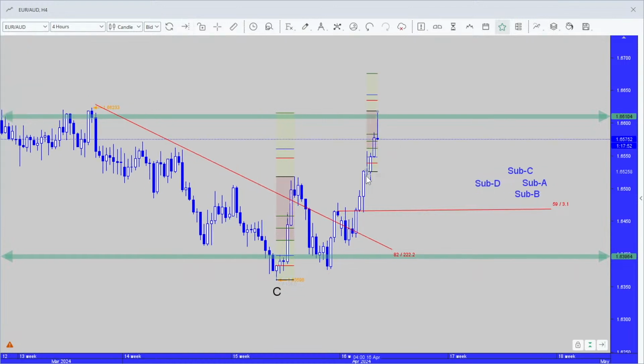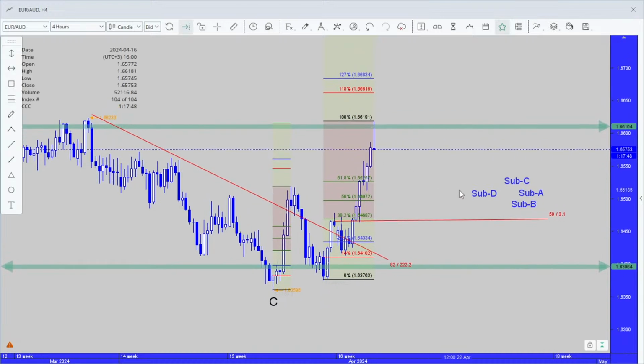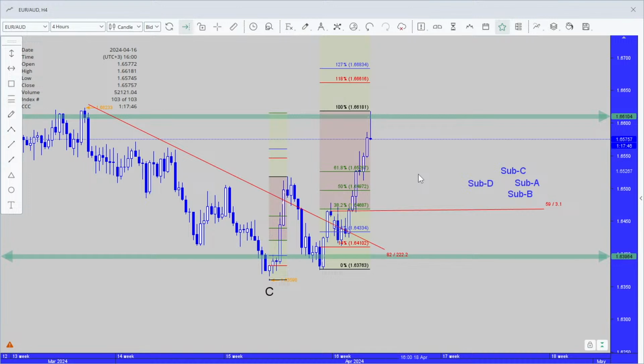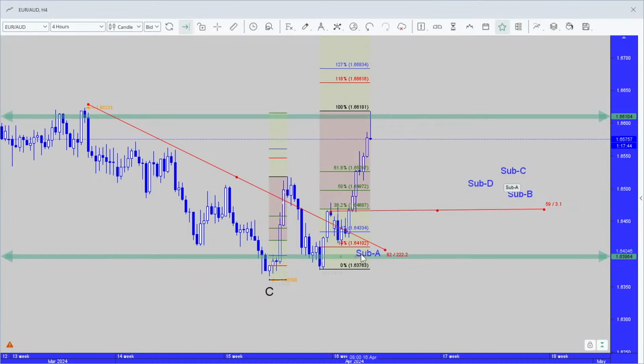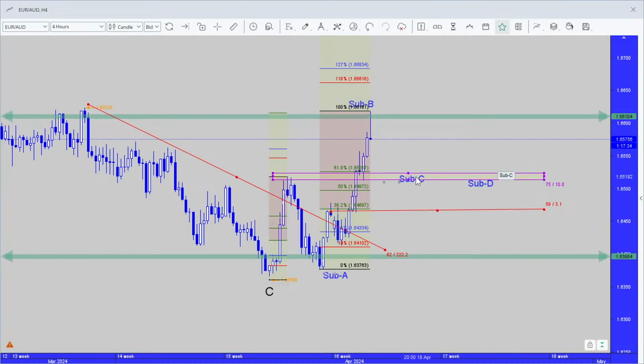Maybe the market is going to push up a little bit, I don't know. But if the market is going to start to retrace, this is the sub A, this is the sub B, past support, most likely.